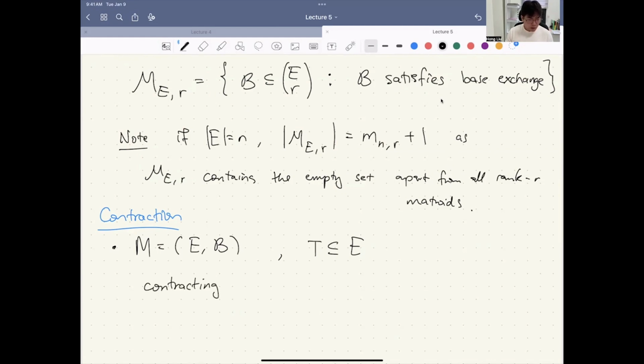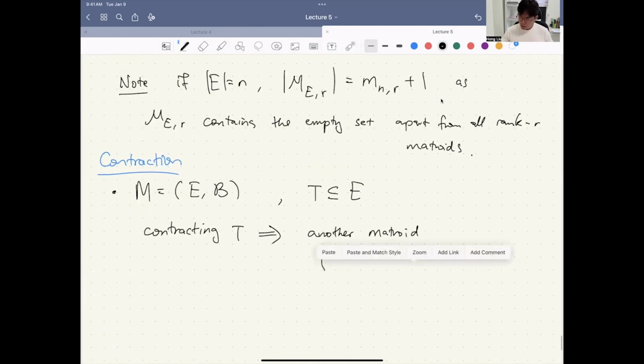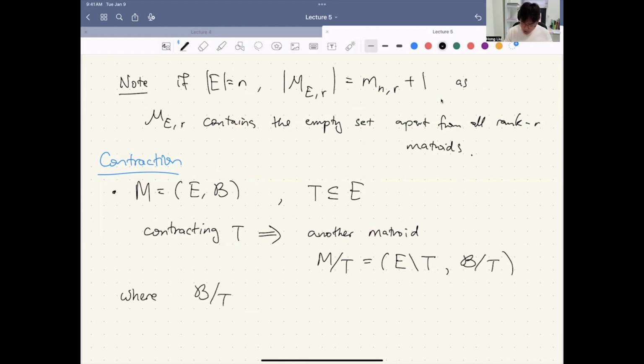Contracting T gives you another matroid, which we denote by M contracted by T, with ground set being all the elements with T removed, and bases B contracted by T. What is B contracted by T? You basically take all the bases which contain T as a subset and remove T from them.